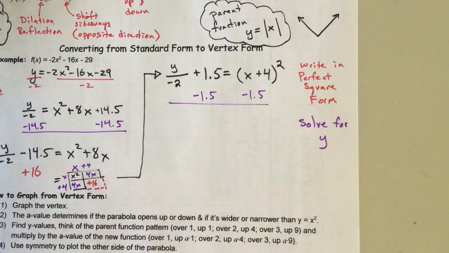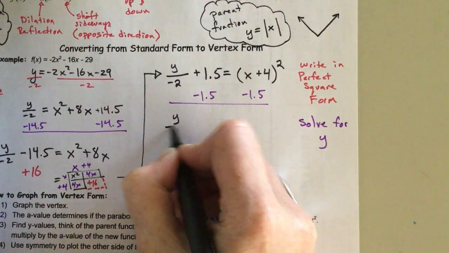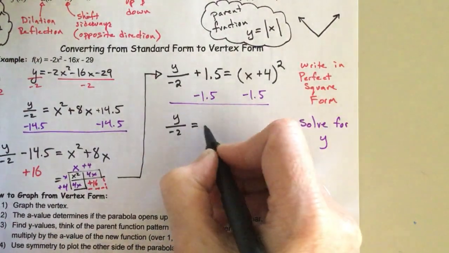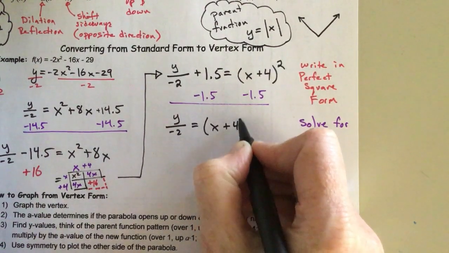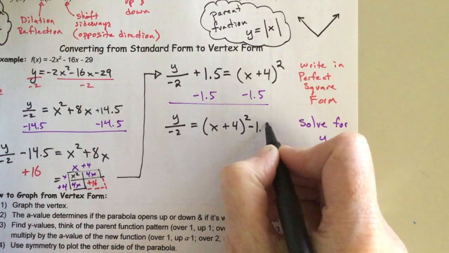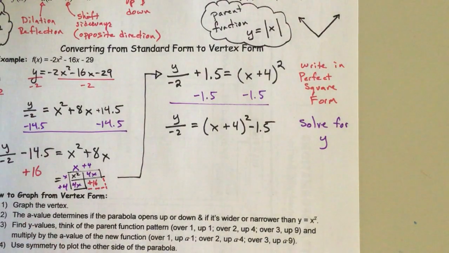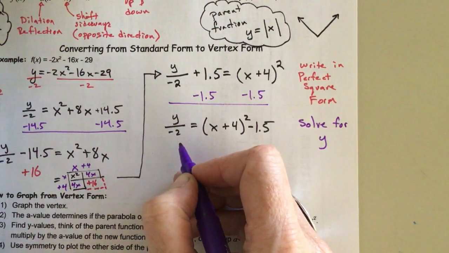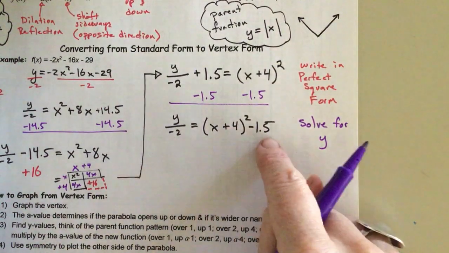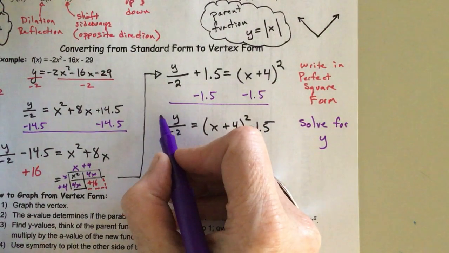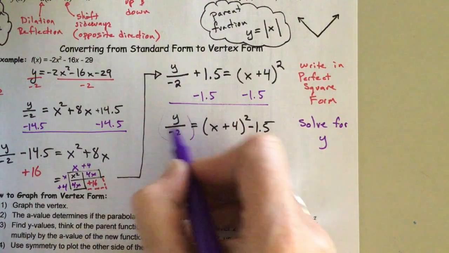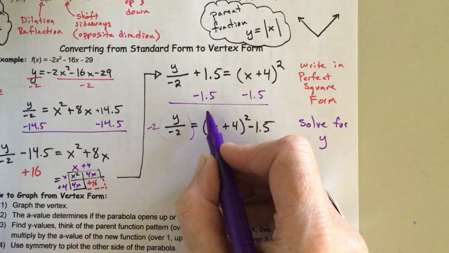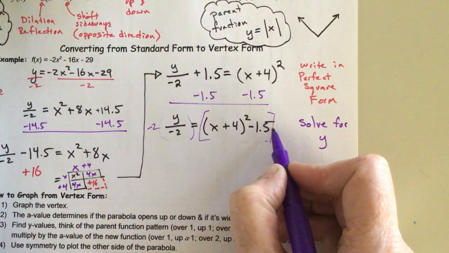And I'm left with y divided by negative 2 equals x plus 4 squared minus 1.5. And then y is being divided by a negative 2. So to get it to the other side, I'm going to multiply the entire equation, both sides, by negative 2, like that.